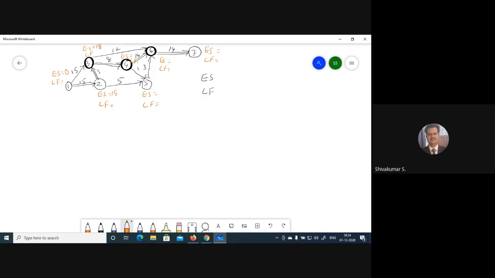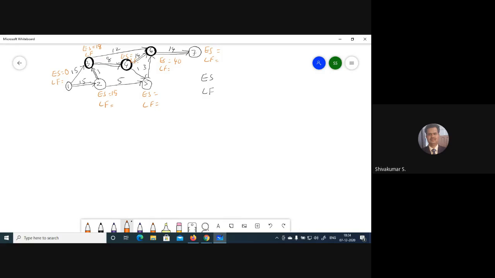Now event 6. If you go this route, 18 plus 12 is 30. If you go this way, 18 plus 8 is 26, 26 plus 14 is 40. So the earliest start is 40 only.